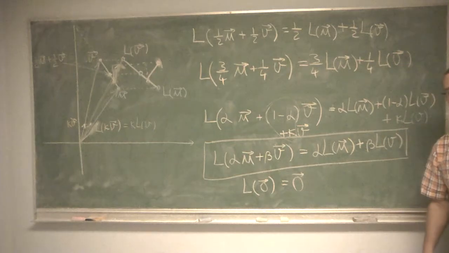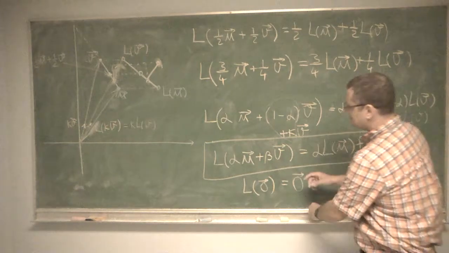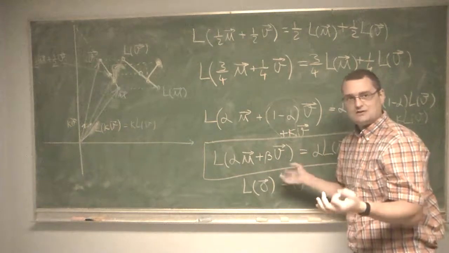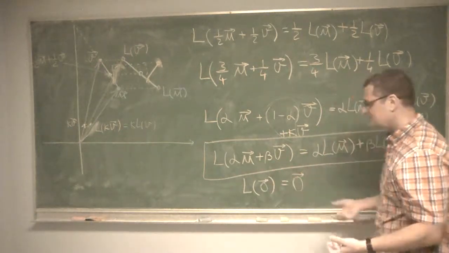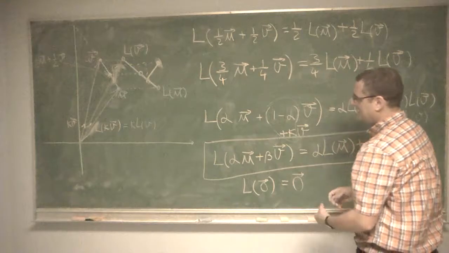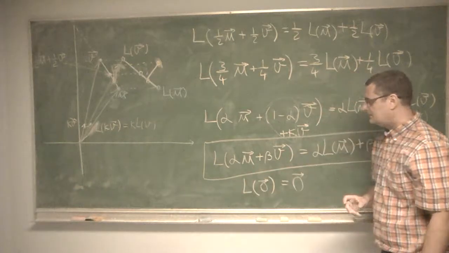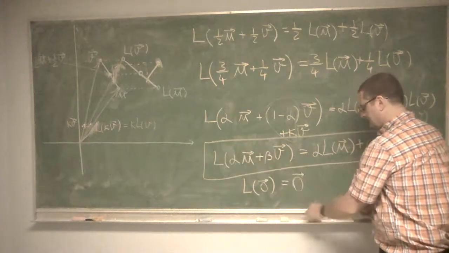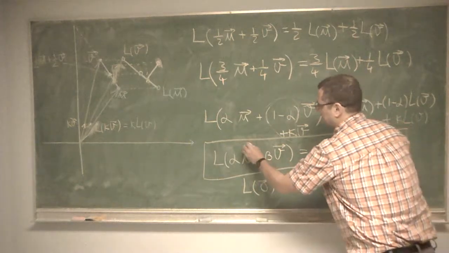In other words, you don't move the origin. To see this, just plug in U and V being the zero vector, the origin, and alpha and beta being 1. So you have L of zero vector plus zero vector, well, that's like L of zero vector.